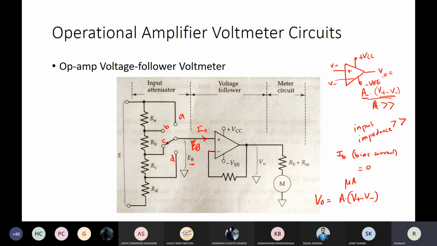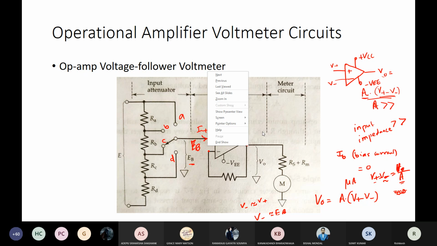V plus minus V minus is V0 by A. When A is very large, even though V0 is significant, V plus is almost equal to V minus, because the difference will be almost 0. V plus here is EB, so what is V minus? It is EB, right? But what is V minus?